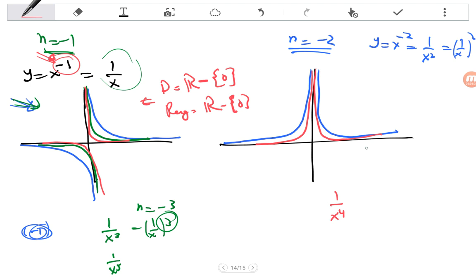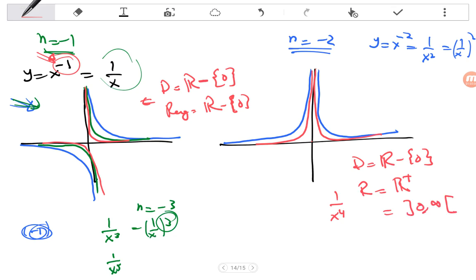Now for this function, the domain is all R excluding 0. What about the range? It is R positive, or the interval from 0 to infinity.